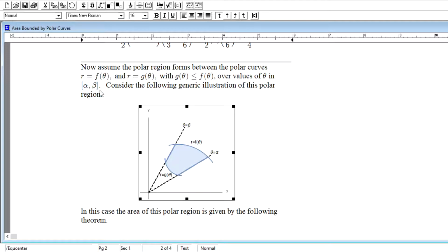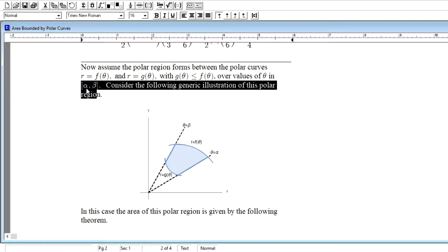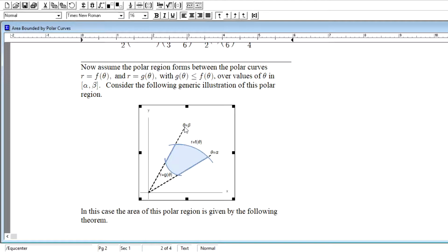This is a region forming over an angle measurement from alpha to beta. It forms over these angles that start here at theta equal to alpha and continue up to this angle measurement where theta equals beta. It is also happening between these two polar functions, r equals f of theta and r equals g of theta.